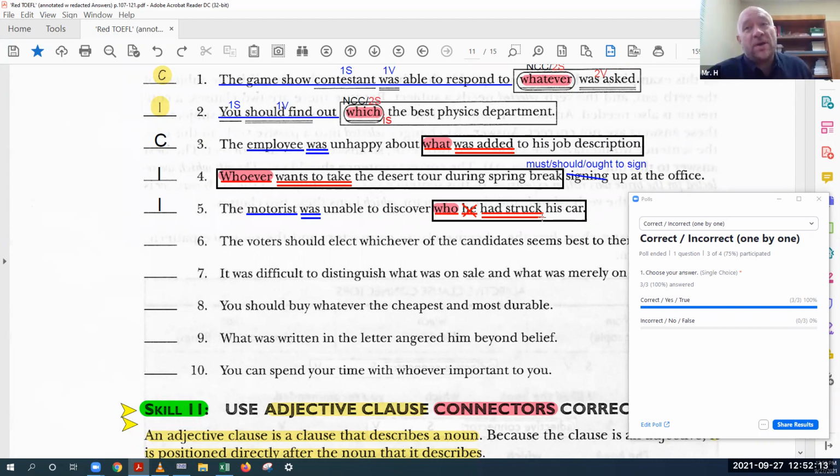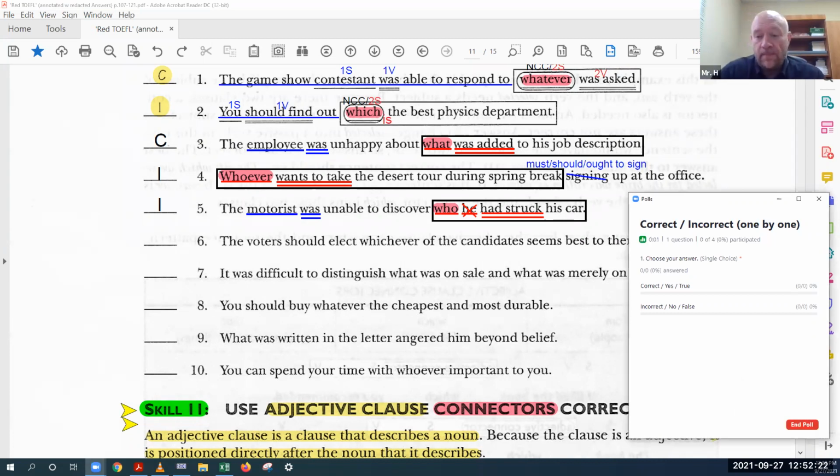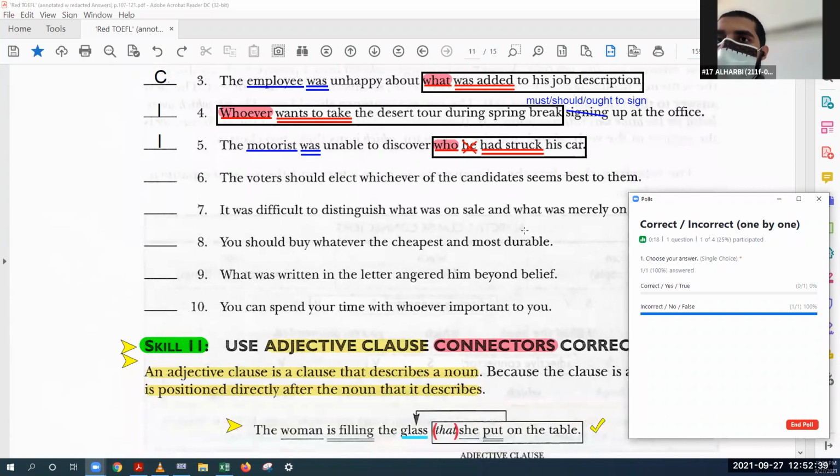All right, let's do number 6. Guys, choose your answers. 30 seconds. Can you move the page?